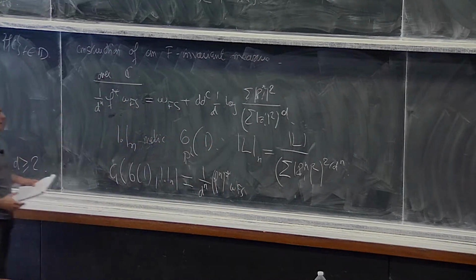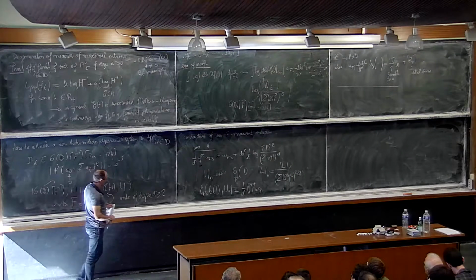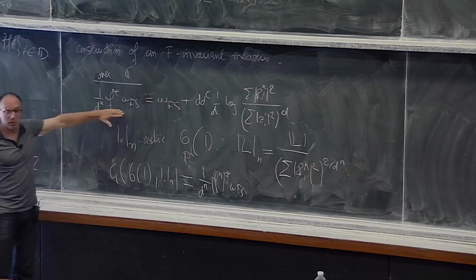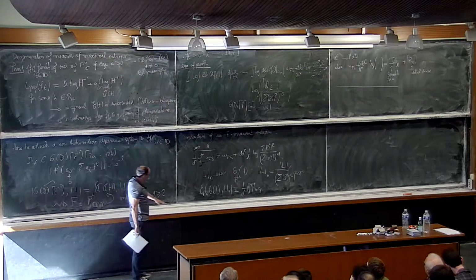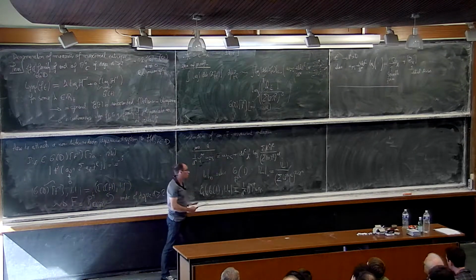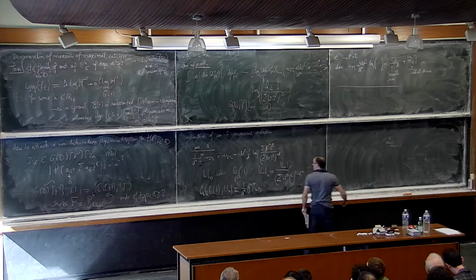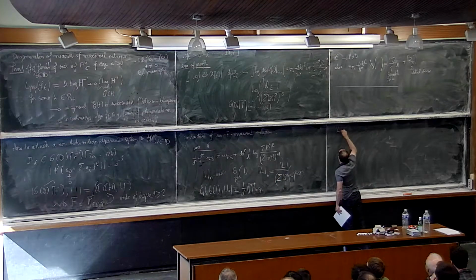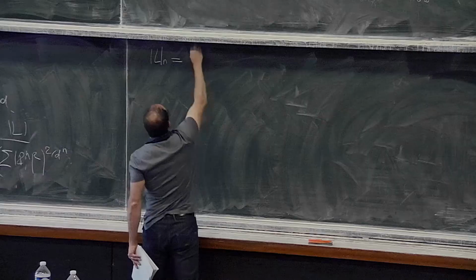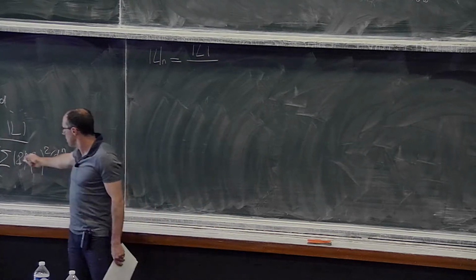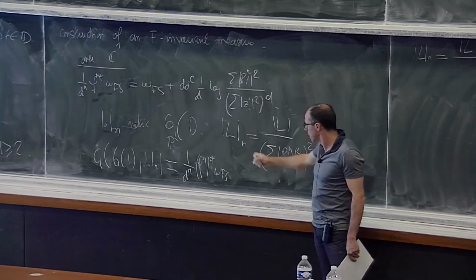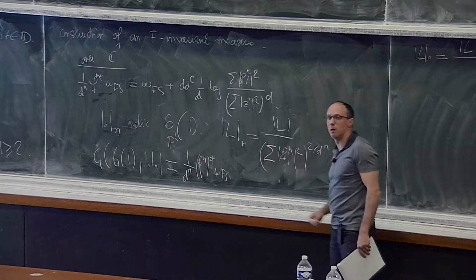Even though it's quite hard to make sense of what a smooth 1-1 form is over a non-Archimedean field, one can define in the same way the notion of metrics. You define the metric by taking exactly the same formula, except that now you're over the non-Archimedean field, so you replace the sum by the max.